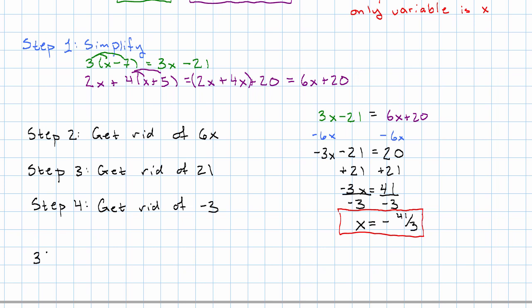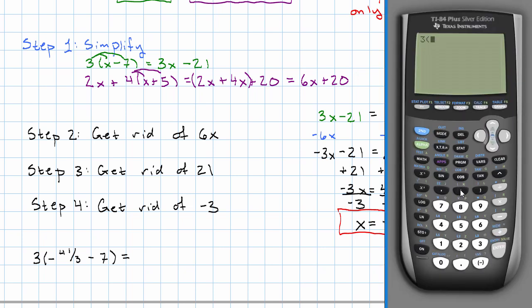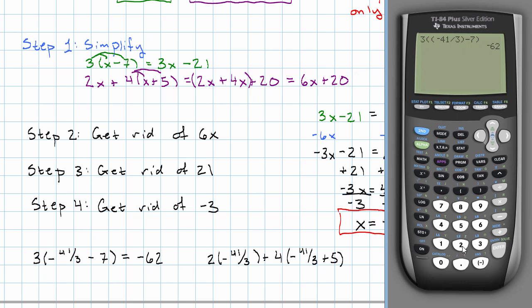So 3 times (negative 41/3 minus 7) gives us 3 times (negative 41/3 minus 7), which is negative 62. 2 times negative 41/3 plus 4 times (negative 41/3 plus 5) is again negative 62.